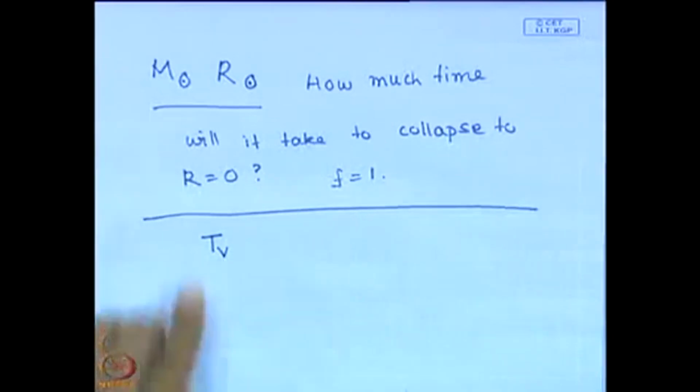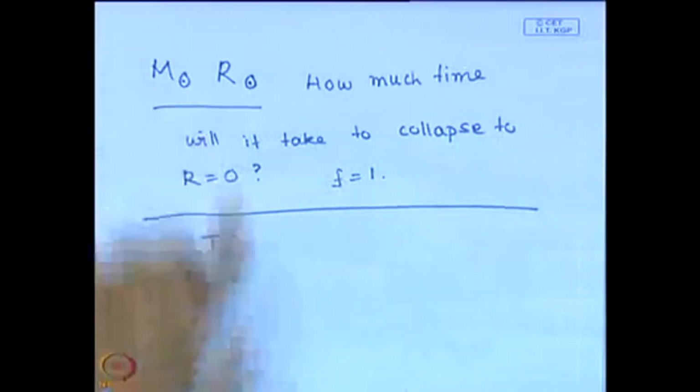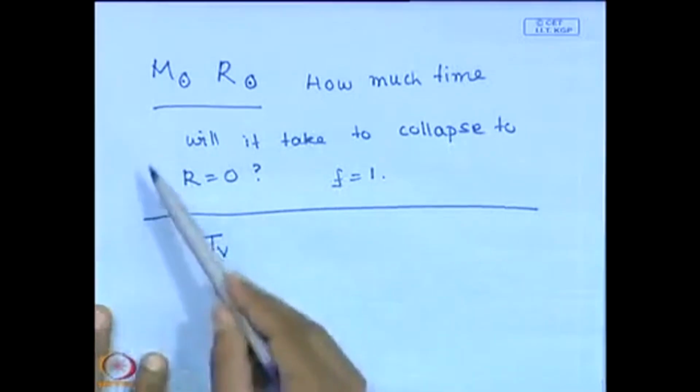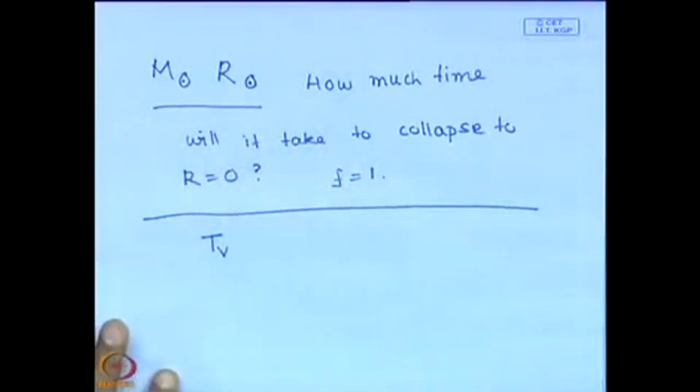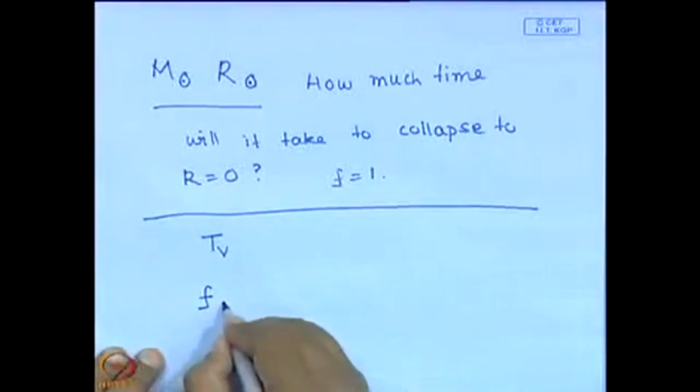If you estimate the virial temperature to start with, you will find that this is much higher than the actual surface temperature of the sun. So, to get an idea of what would happen to the sun, about the Kelvin-Helmholtz time scale for the sun, if there was no source of nuclear energy, you would have to change the value of f. Okay, so change f.